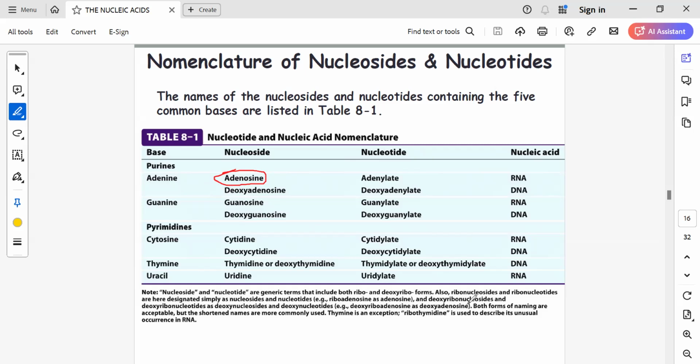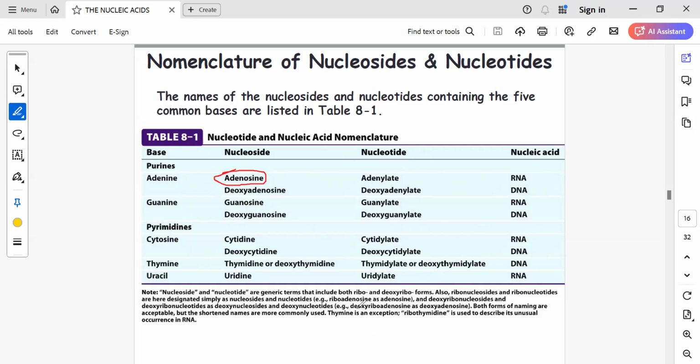So we have deoxyribonucleotides, also called deoxynucleotides. That is why it is deoxy. So you can call it ribonucleotides or deoxyribonucleotides, depending on the types of the bases that are attached to it.